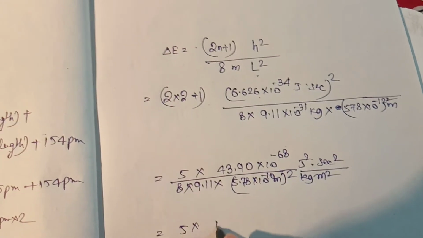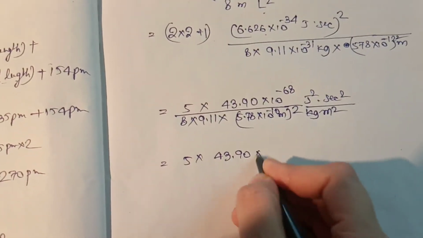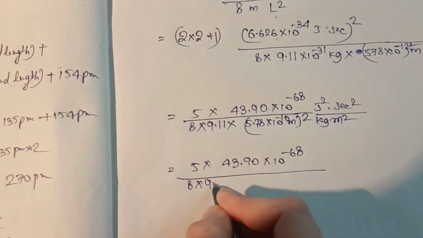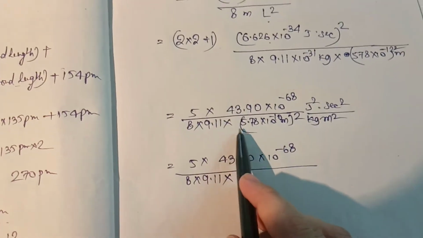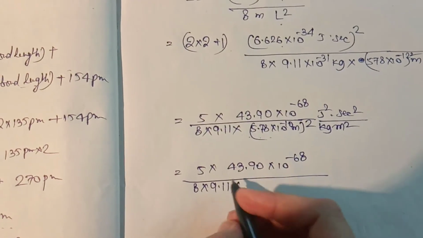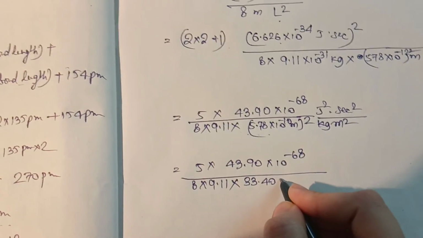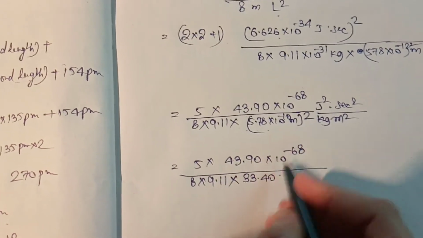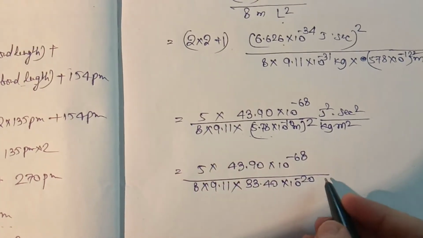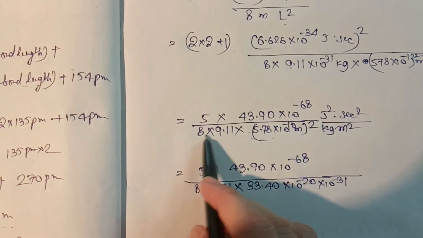So 5 into 43.90 into 10 to the power minus 68 divided by 8 into 9.11 into the square of 5.78, which gives 33.40, and then 10 to the power minus 20, and there is another quantity, 9.11 into 10 to the power minus 31, for the mass of electron that we missed here.